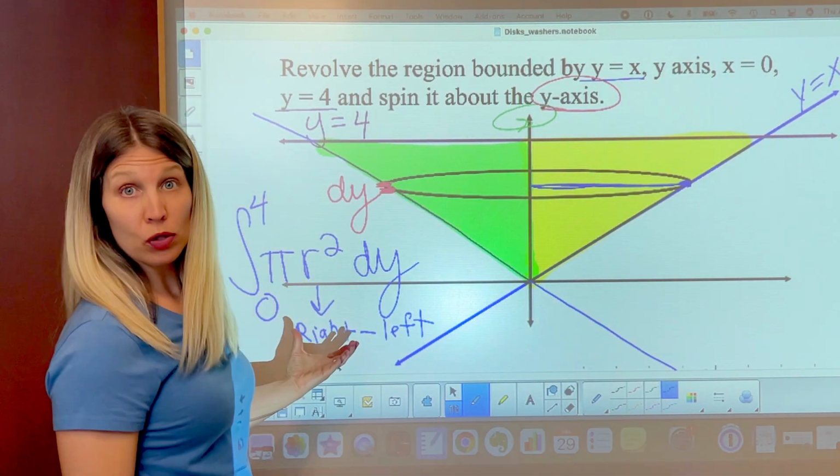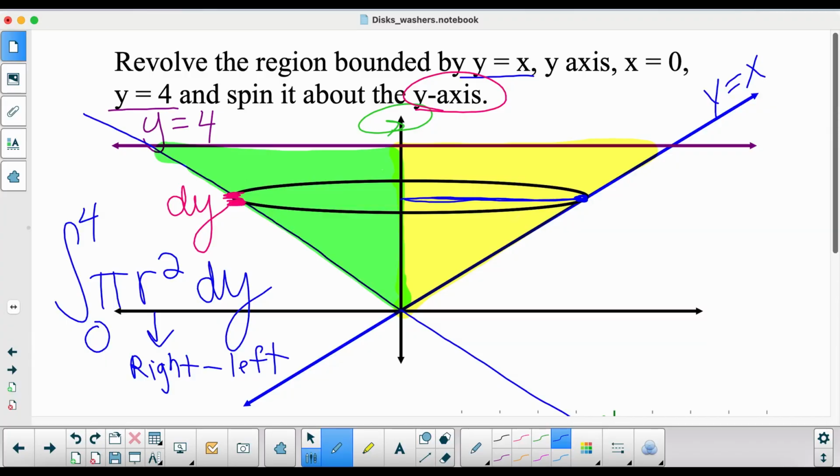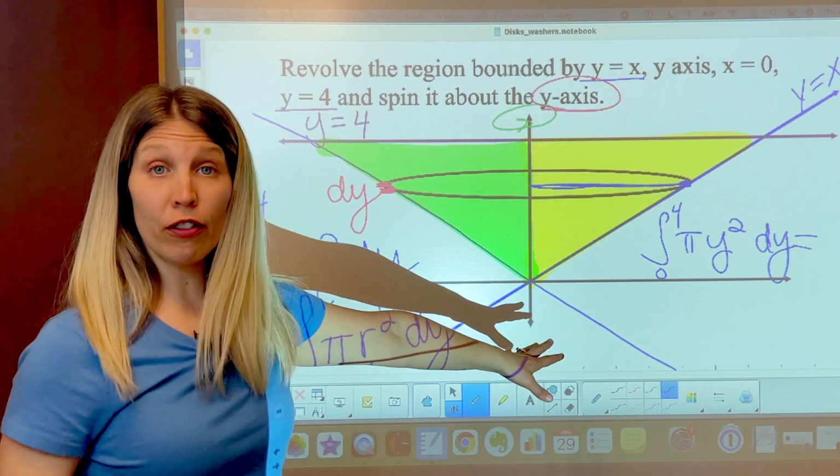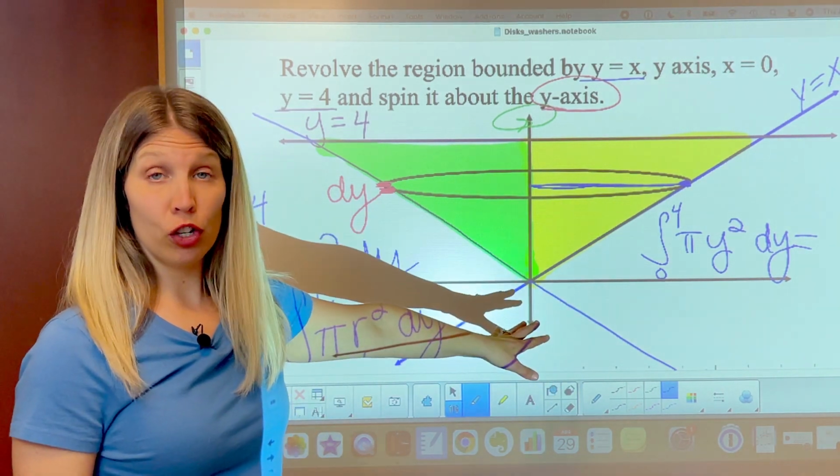And that will help you set up your radius. So for this problem, we have the bounds from 0 to 4. Pi, our radius, which is nice, our function is nice, we have to write it in terms of y squared, because radius squared, dy. So this would be the function that you have for your answer.